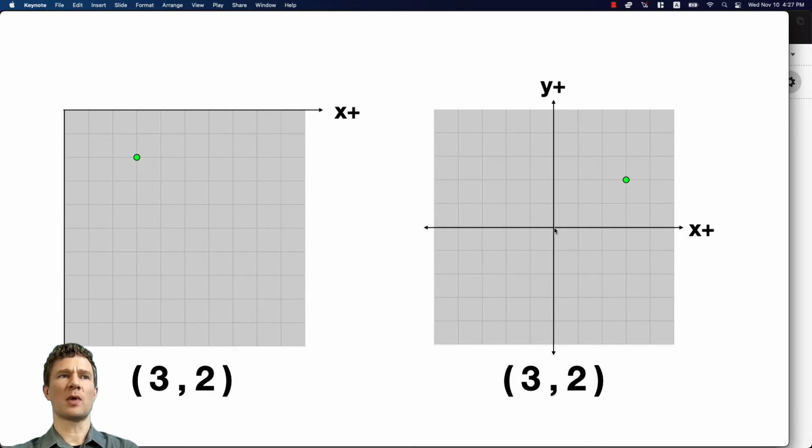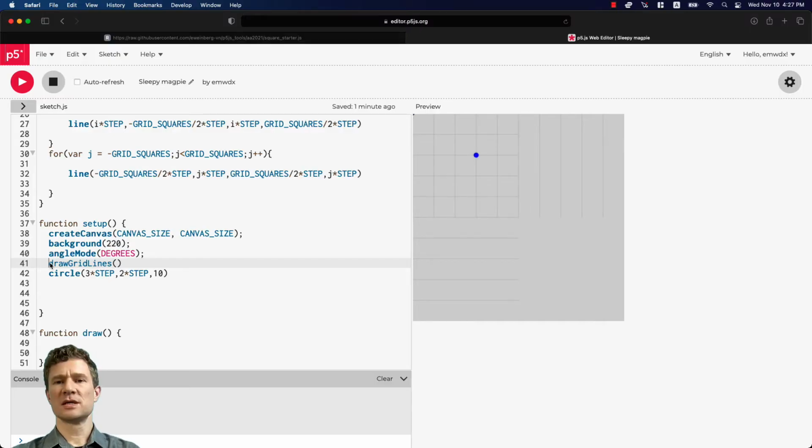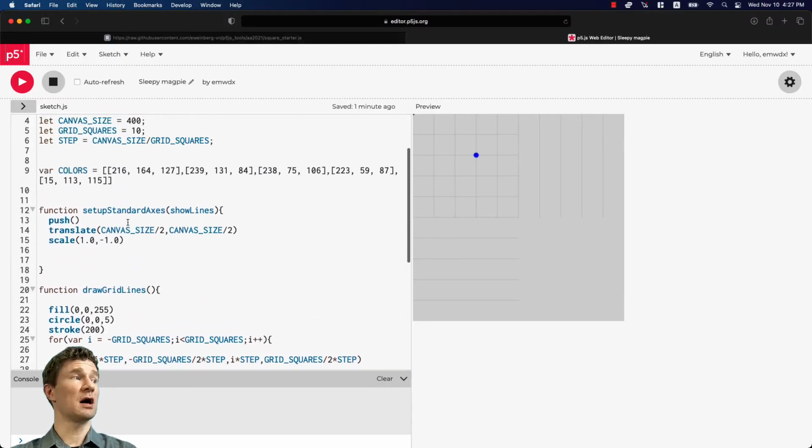There are reasons why we might want to instead put the origin at the center of the canvas, just like we have it in math class, so that the graphing works the same way that it did in math class. So this is the reason that I've introduced this other function, setUpStandardAxes.